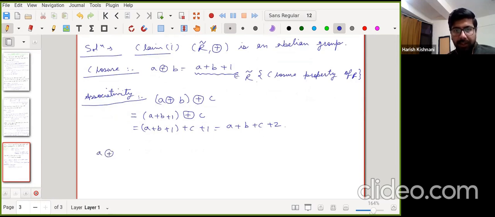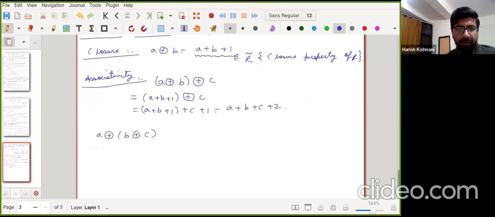The second side is a plus (b plus c). What does this expression turn out to be? A is going to be added with the outcome of b and c, so it's b plus c plus 1, and then by the definition you add the first element with the second element, that is b plus c plus 1, and then add 1.